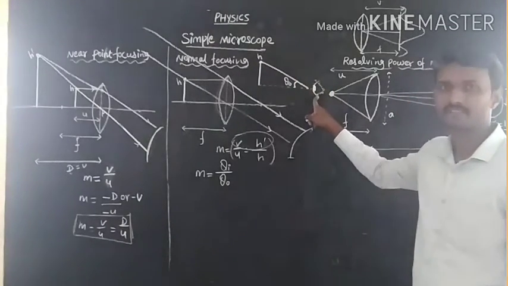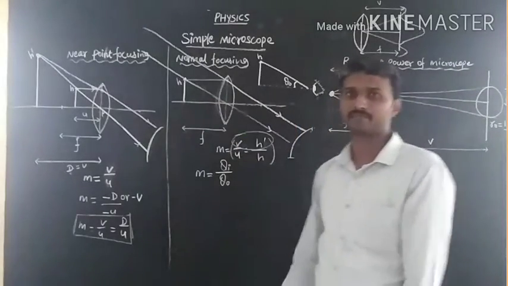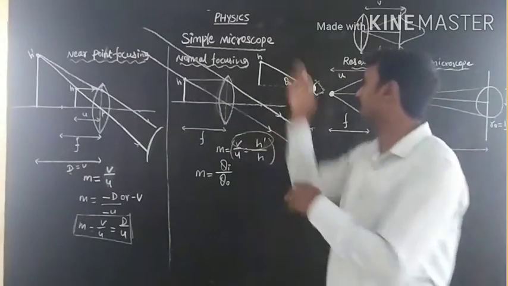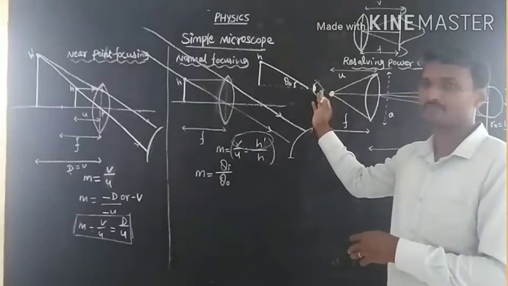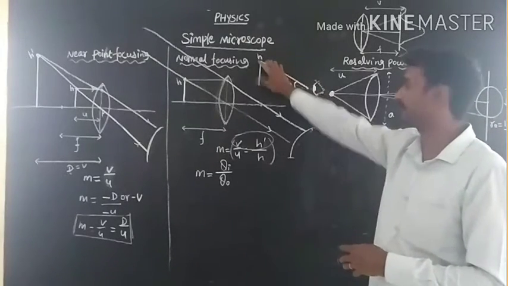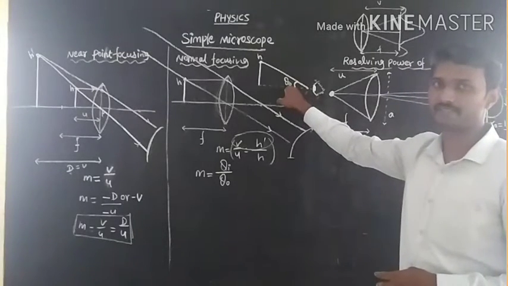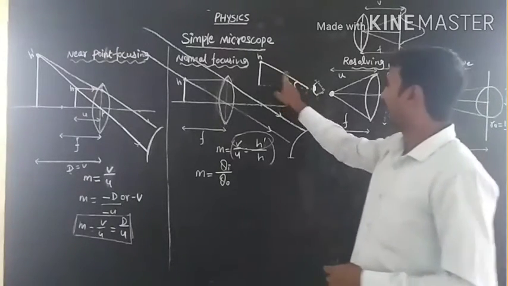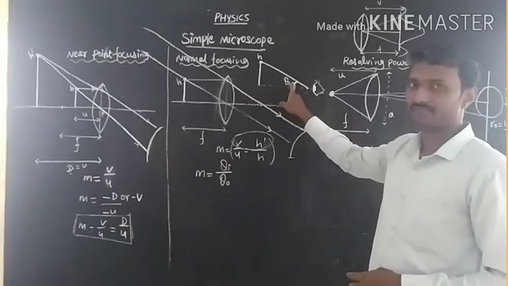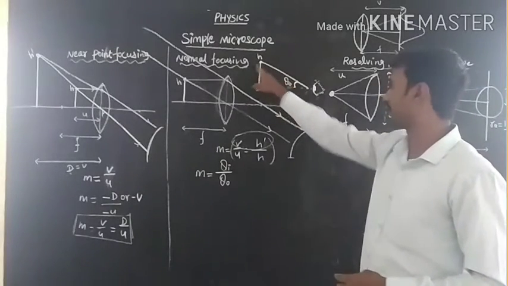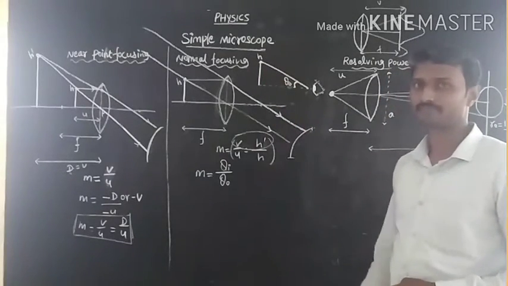Unaided eye means I watch the object directly, without any instrument. So this is the actual height of the object. This height of the object subtends an angle theta 0, the angle subtended by the object theta 0.